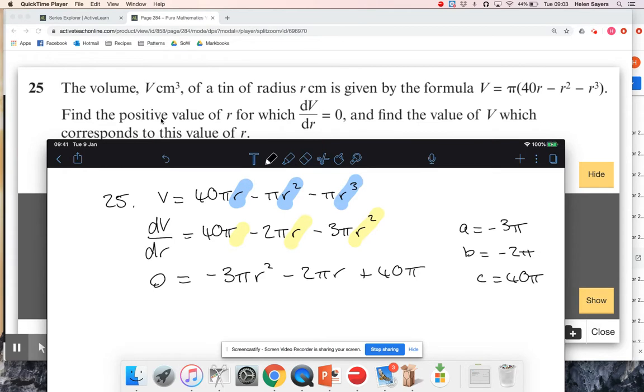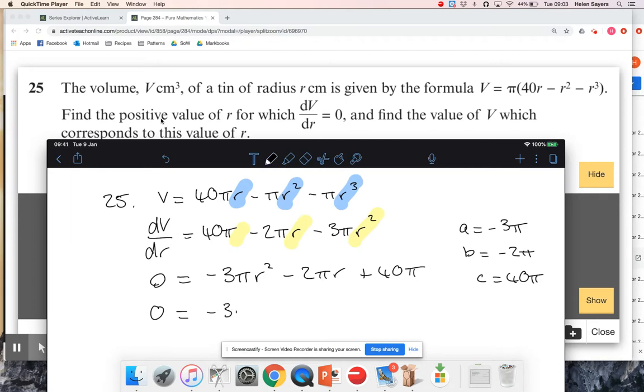The other thing I could do, though, say you'd lost your calculator, is factorise. I'm going to take a common factor of pi out, or even just cancel the whole thing through by pi, actually. Why not do that? That's a bit easier, because it equals 0. Specifically now I'm just looking at this quadratic I'm solving.